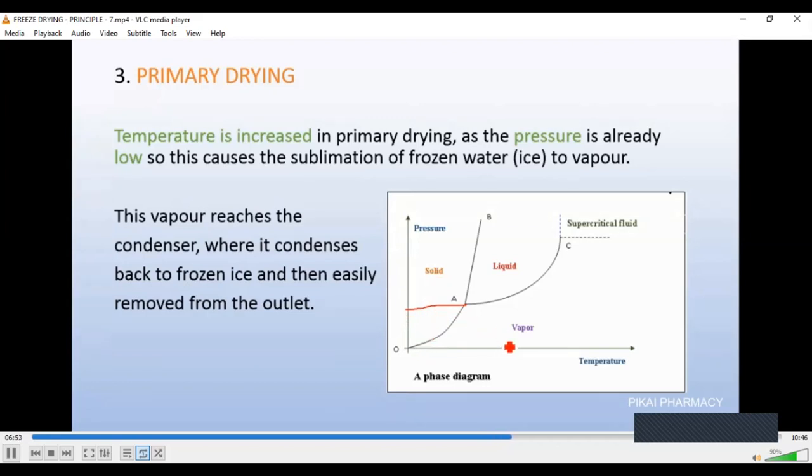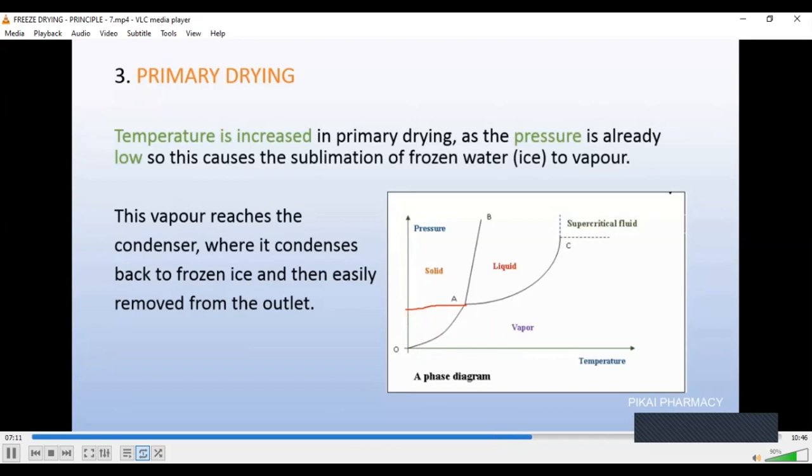So by this pressure temperature graph, it is clear that below a certain pressure, if we apply temperature, our substance will sublimate from the solid state, here it is ice, to the vapor state.